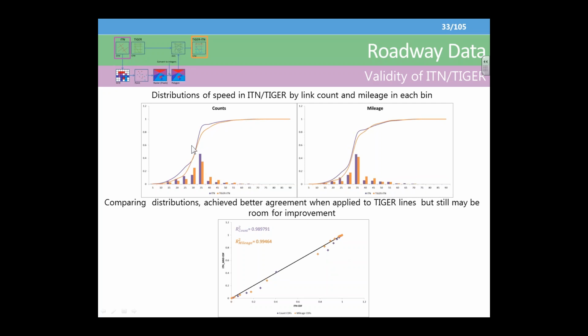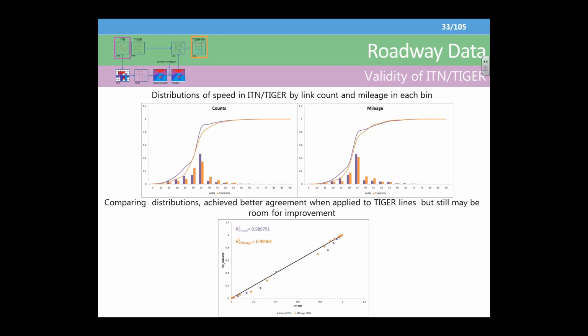Then we move from just the gridded points all the way through the interpolation, which can include its own math and its own averaging, then through the polygon generation and cutting Tiger by those lines and generating Tiger ITN. Now we can compare both mileage and link counts on their distributions, and we can see that we pretty much kept the same fidelity of the data.